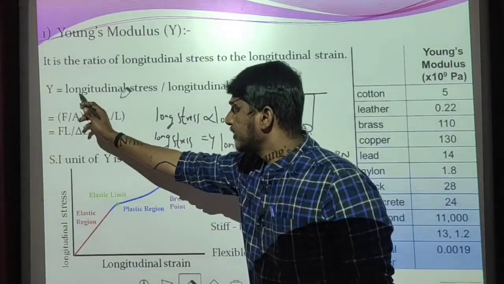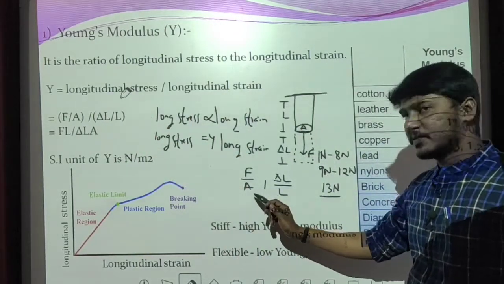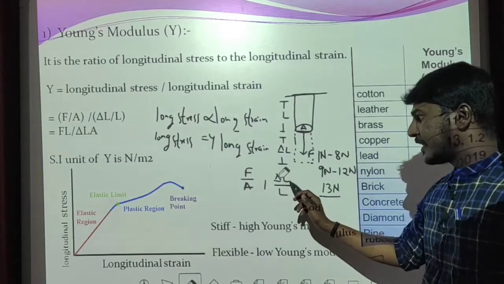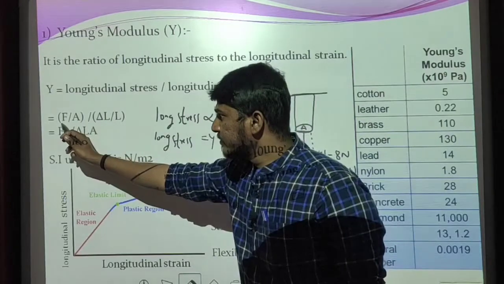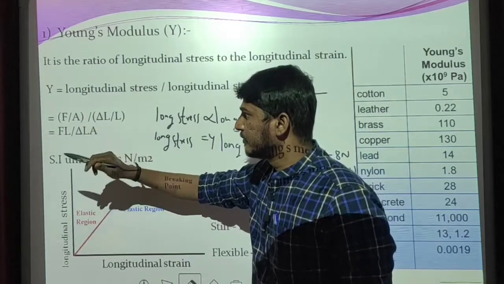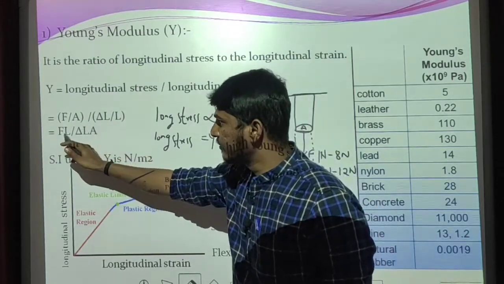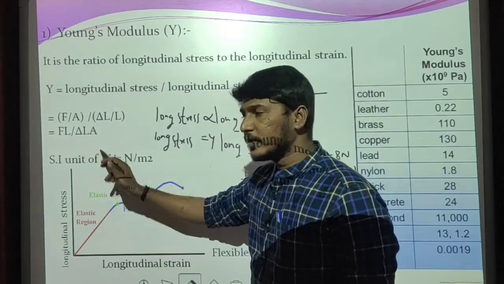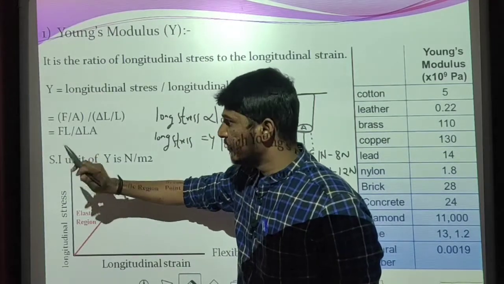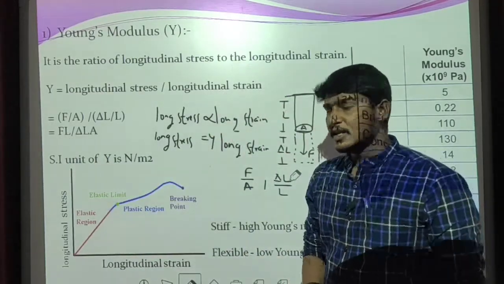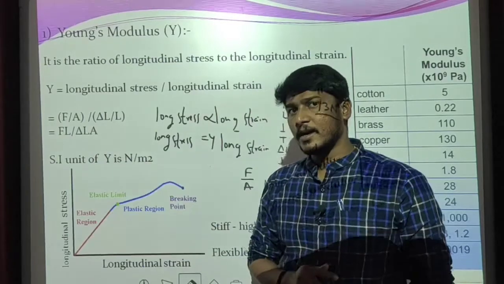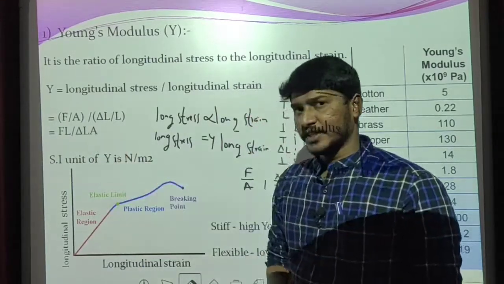Here we know that longitudinal stress is F by A, and longitudinal strain is delta L by L. If we substitute these values, we get F by A divided by delta L by L. Then if we interchange these terms, we get Y equals F into L divided by delta L into A, where F is the amount of deforming force applied normally on the surface, L is the original length, delta L is the change in length, and A is the area of cross section.